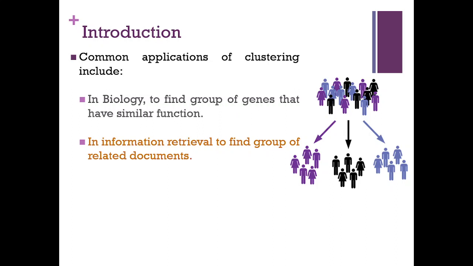Now, the task is clustering together all the results that belong to the Amazon shopping site and clustering together all the documents or results that belong to the Amazon river. This is clustering.